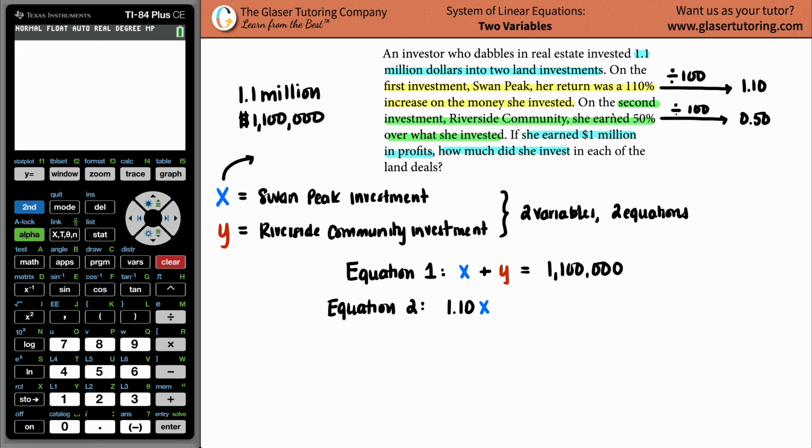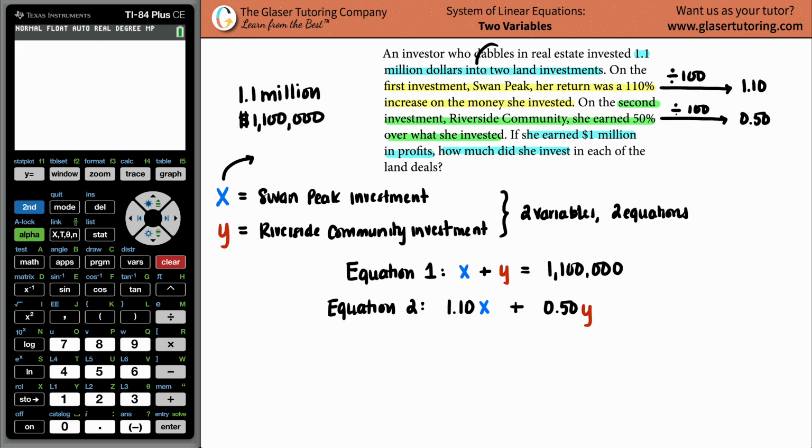And so keep in mind what "and" means. And means addition. On the second investment, she earned 50% on what she invested. So with this from her Swan Peak investment and from the 0.5 on her Riverside Community investment, the accumulation of what she put in as her return, she earned $1 million in profits.